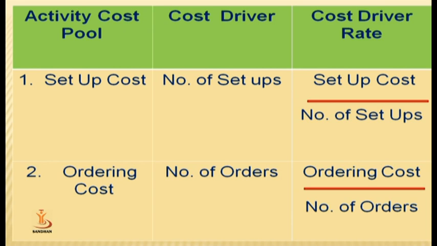This way we find multiple overhead rates. In the traditional costing method there is only one plant-wide overhead rate, based on either labor hours or machine hours. But in activity-based costing, we find many overhead rates as per the activities identified, and then allocate and trace them to the cost object. This way the cost driver rate is identified.